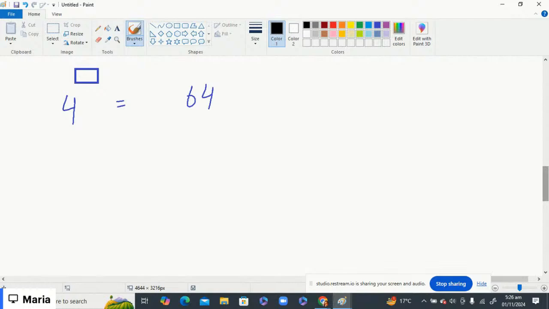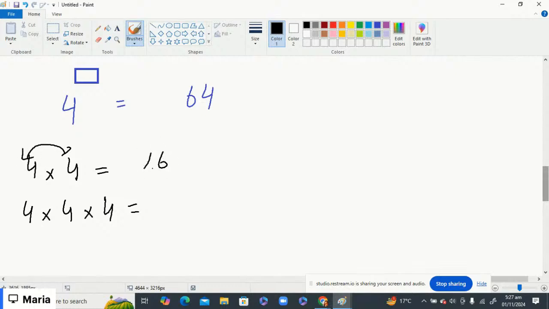The first step that we will take, we're gonna multiply 4 with 4. Then we're gonna multiply 3 fours with each other. Okay, in this way we're gonna increase the 4s one by one. So 4 times 4 is 16.